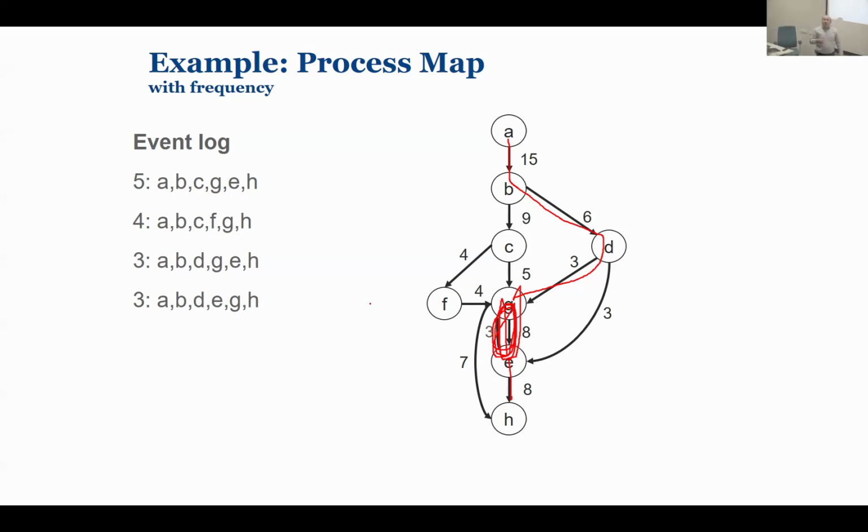If you look at the event log on the left-hand side, there is no repetition of E and G. At no point in time did you see something like E, G, E, G, E, G in the same case, or G, E, G, E, G, E. They don't get repeated. E occurs at most once per case, and G occurs at most once per case.